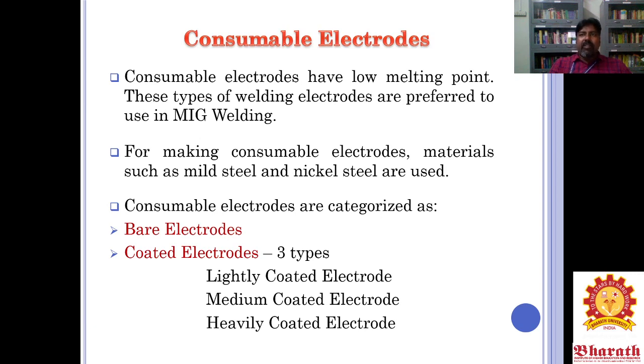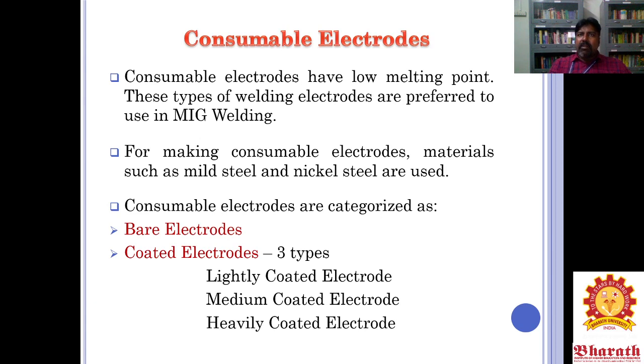This causes defects in the welding. Therefore it is normally used in submerged arc welding and inert gas welding, because it does not react with the atmosphere directly, since we are using inert gases like argon and helium, right?